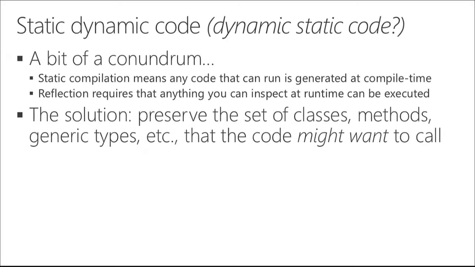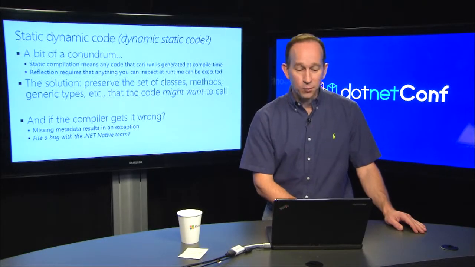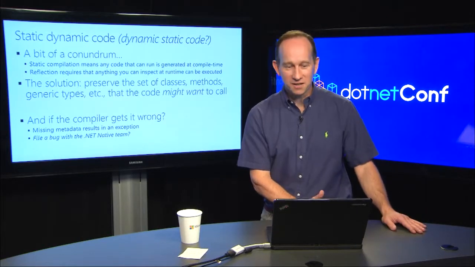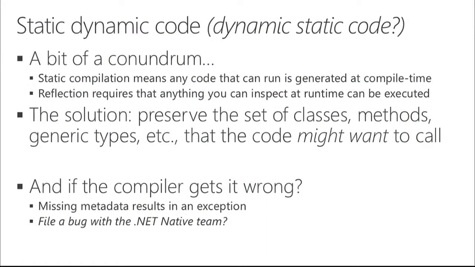So the solution is, when we do that app reduction where we get rid of metadata you're not using, types you're not using, and code you're not using, we need to preserve the set of classes, methods, generic types, and metadata that your code might want to call. And if we get it wrong, you get an exception, and you please file a bug with our team.